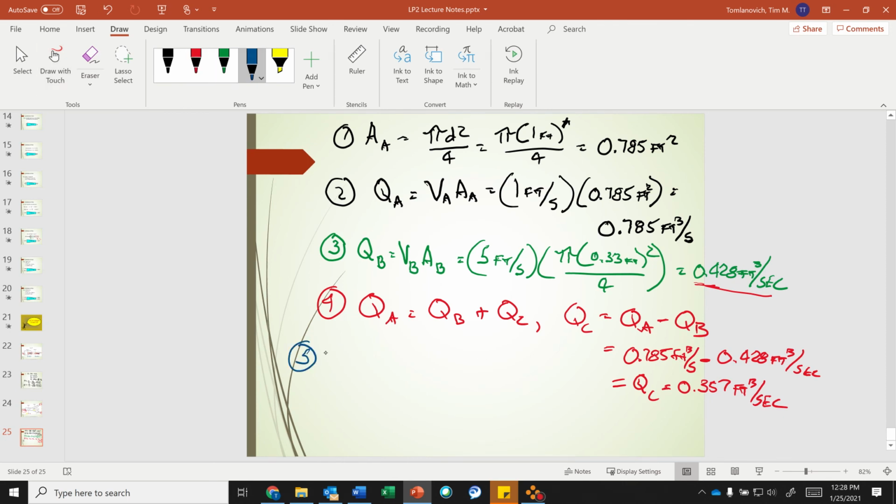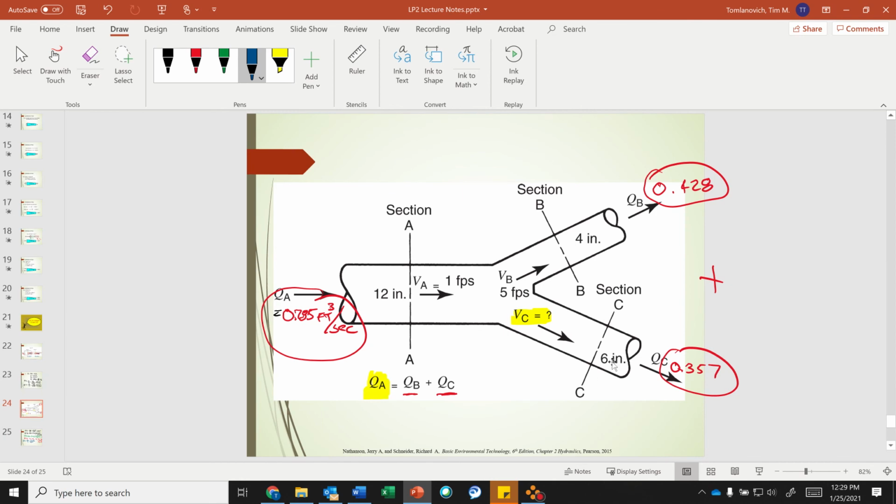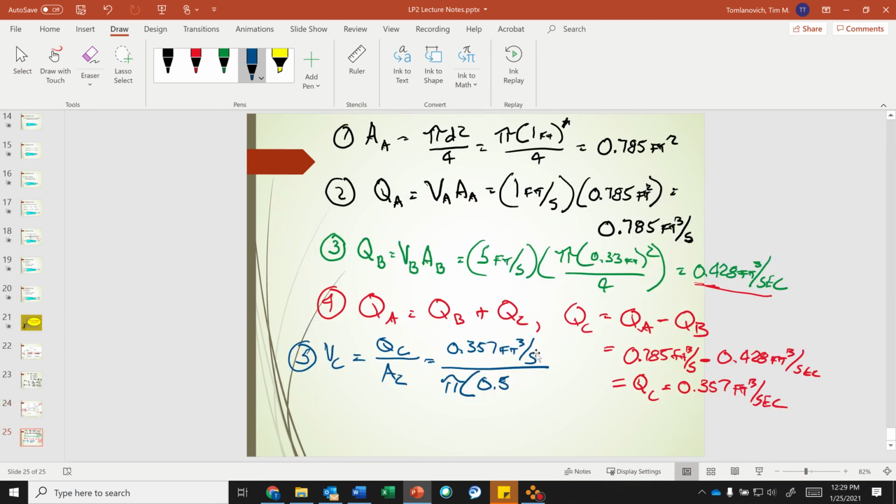So the velocity at point C equals Q, the flow rate at section C, divided by the area at cross section C. So we rearrange that basic formula. That is 0.357 cubic feet per second divided by pi times 0.5 squared divided by 4, since it's a 6-inch diameter, and I have to square that and divide it by 4.